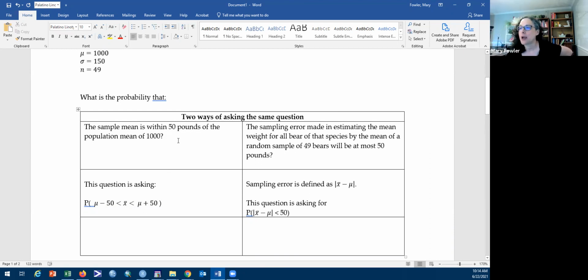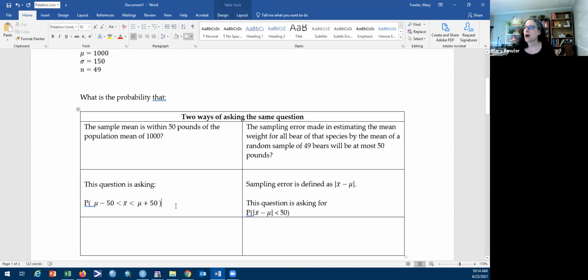So we want to know, what is the probability that the sample mean is within 50 pounds? Mu minus 50 pounds on the left and mu plus 50 pounds on the right. Okay, that's what this question is asking.